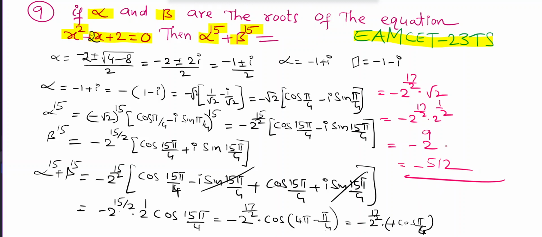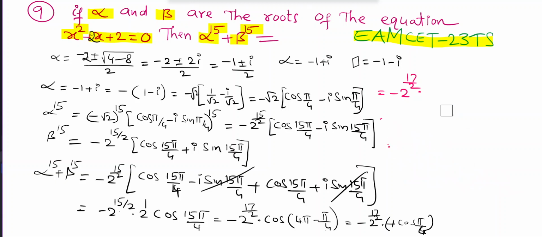Cos pi by 4 is, this value is 1 by root 2. 1 by root 2 value is minus 2 to the power of 17 by 2 into 2 to the power of minus 1 by 2.